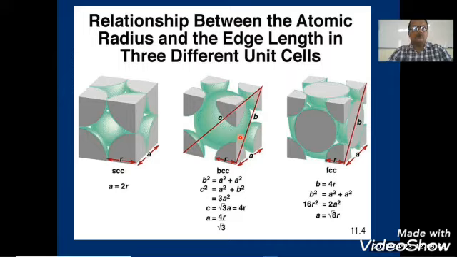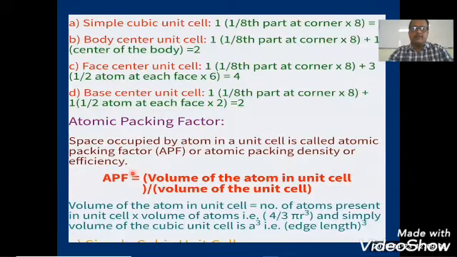As we assume that the units are spherical in shape, all of the volume of the cubic unit cell is not occupied. So packing factor or packing efficiency is a measure of the amount of volume which is occupied by the units.